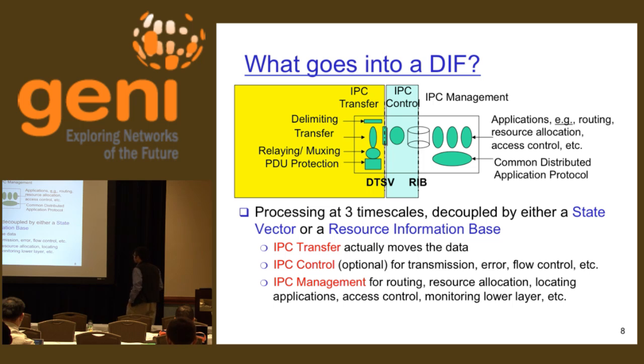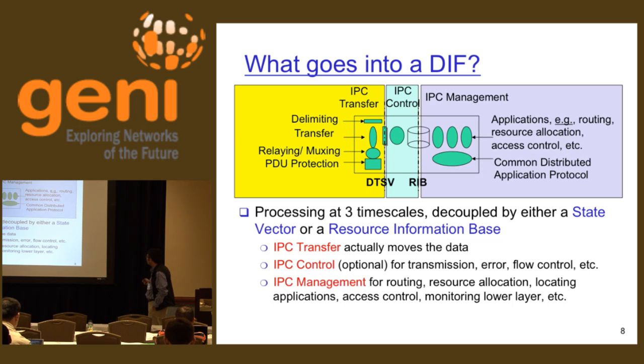And then the control is next, which is a bit slower, to control the individual transmission for each connection going through the DIF. So that's transmission control, error control, flow control. These are optional. I mean, you don't have to have them if you don't need reliability, etc. And then you have the management.